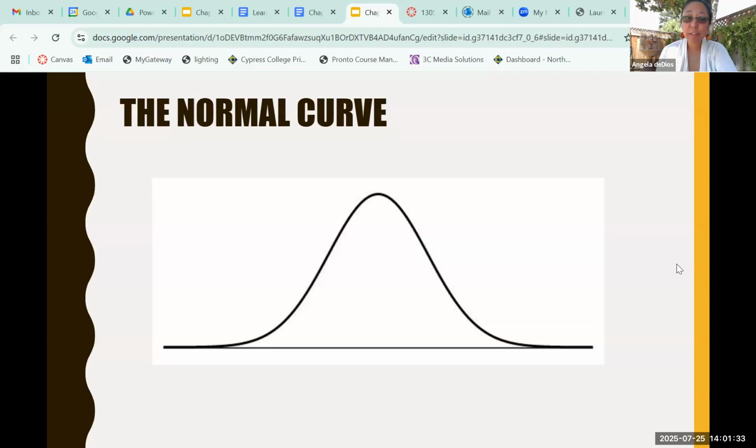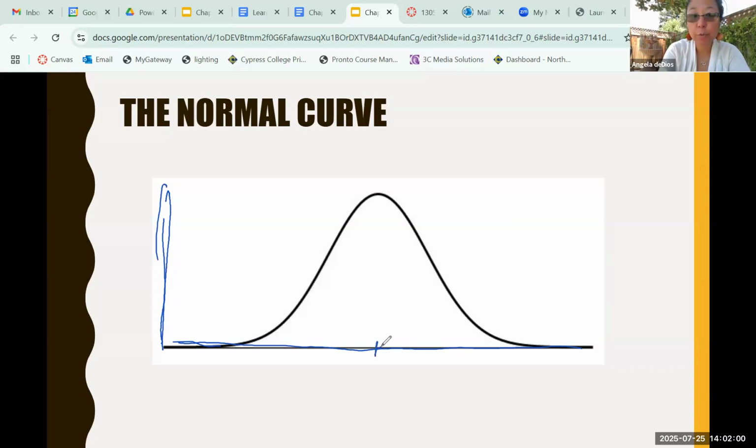So first thing, this is a normal curve. It looks like a little bell, and a lot of variables are normally distributed. Now, if you will recall, when we're looking at a distribution that looks like this, on this axis here is our variable. And then on this axis here is the frequency, or how often people get a particular score.